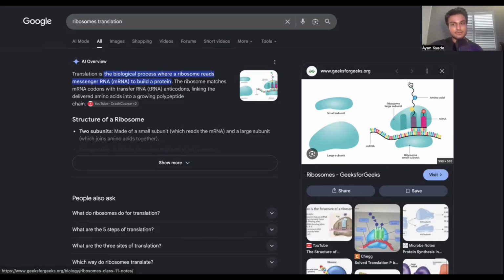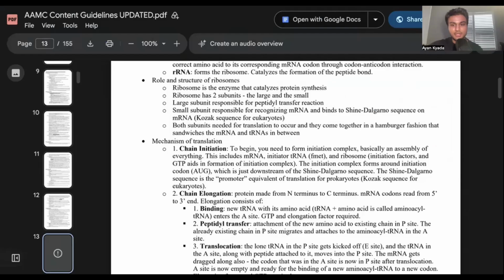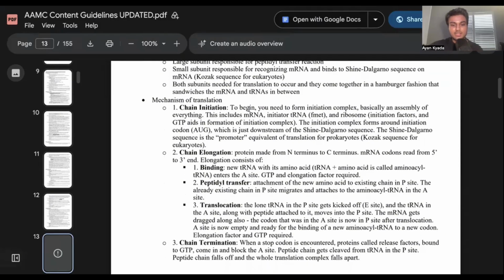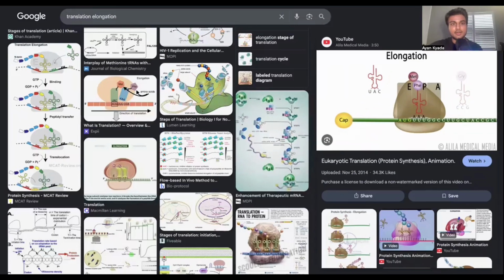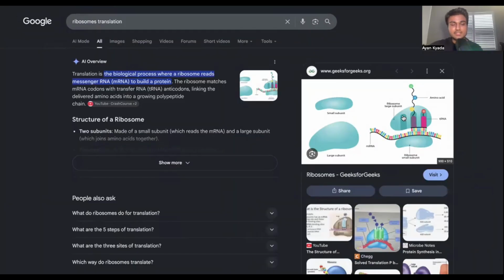And what happens when you encounter that stop codon is GTP is going to be hydrolyzed, and that's going to activate proteins called release factors, and they're going to transition the entire polypeptide chain into the E site. And once they're in this E site, the release factors are going to cleave the fully formed polypeptide chain from the ribosome subunit, and it's going to release the free polypeptide chain.